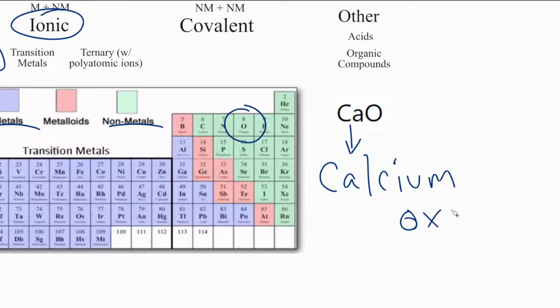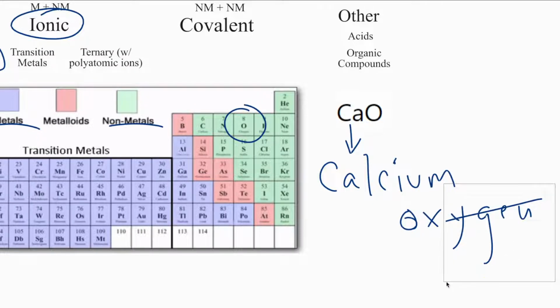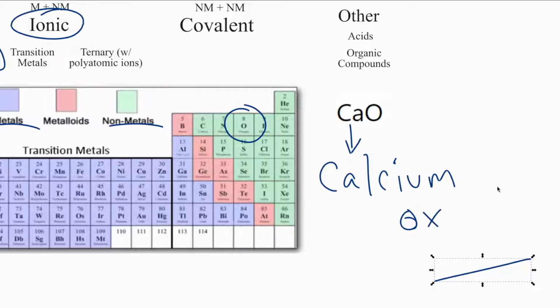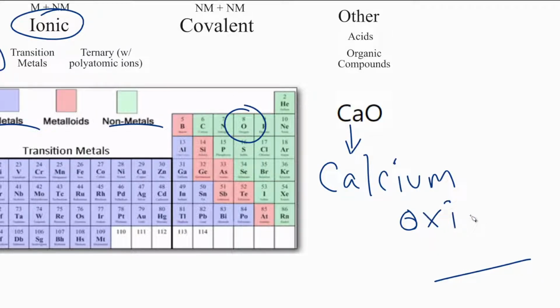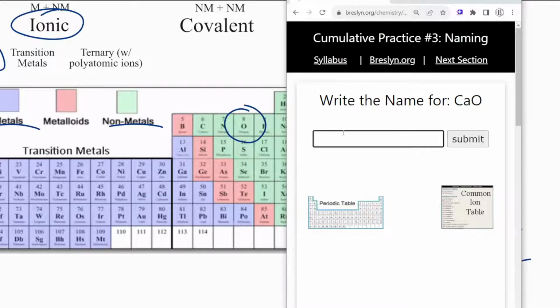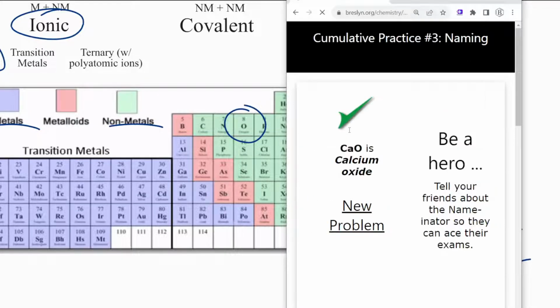Make that an O. And then we cross this part out at the end. IDE, calcium oxide. Yep, Kubra, you got it. You're on top of things tonight. Let's see if that's indeed correct. Yep.